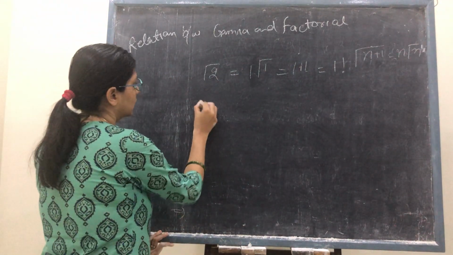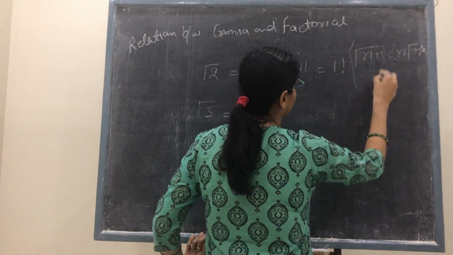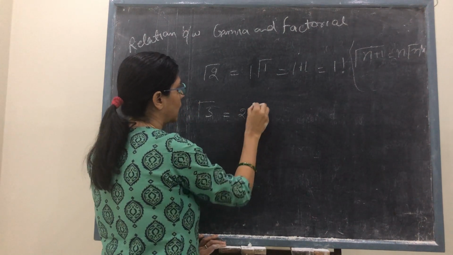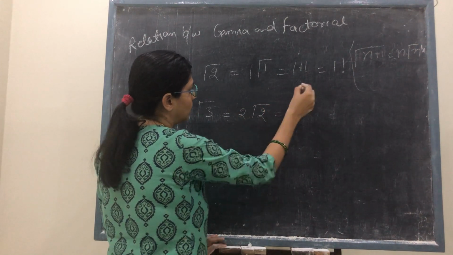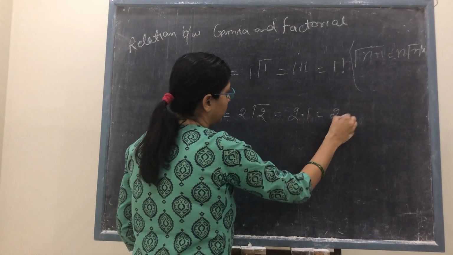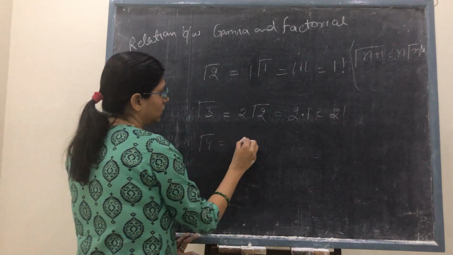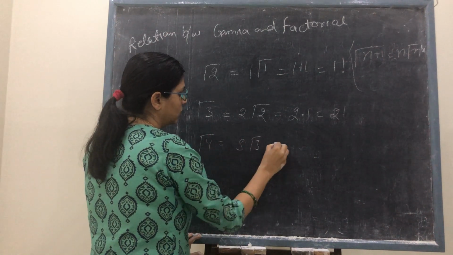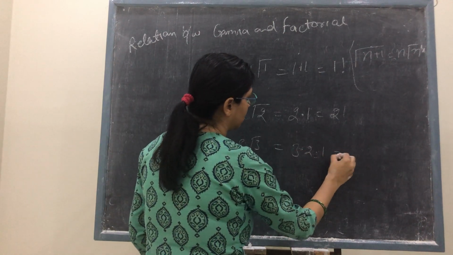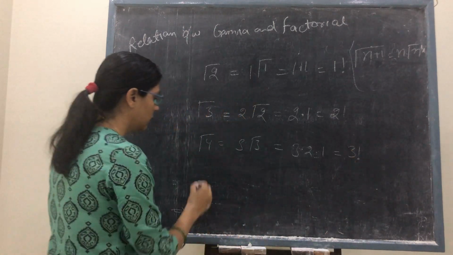Now taking gamma of 3. Using this formula, it can be written as 2 gamma of 2. We know that gamma of 2 is 2 into 1, which is factorial 2. Similarly, gamma of 4 is 3 into gamma of 3, which is 3 into 2 into 1, which is factorial 3, and so on.